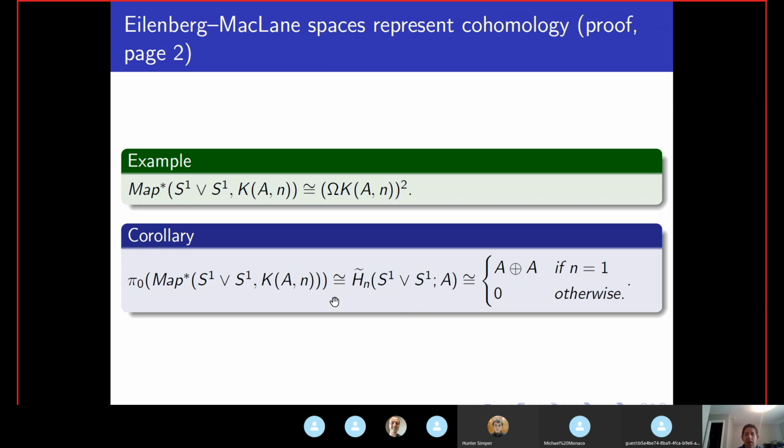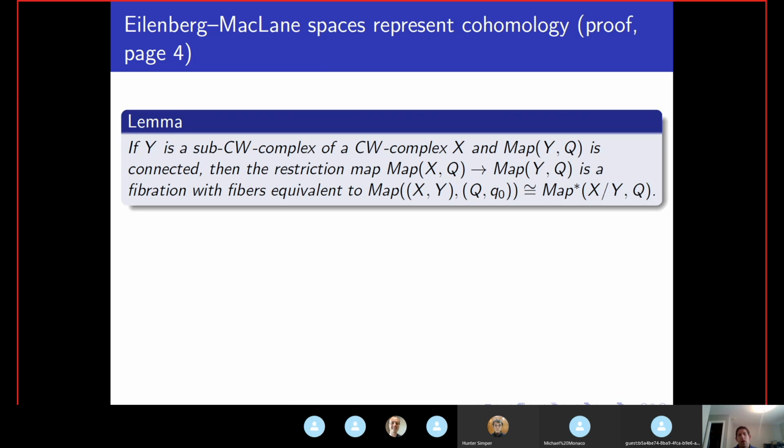So this slide is saying that now we know the theorem for wedges of spheres. It's going to be slightly harder to go from a wedge of spheres to the torus case, so we need this lemma. It says that if Y is a sub CW complex of X and maps from Y to Q is connected, then we have a restriction map.